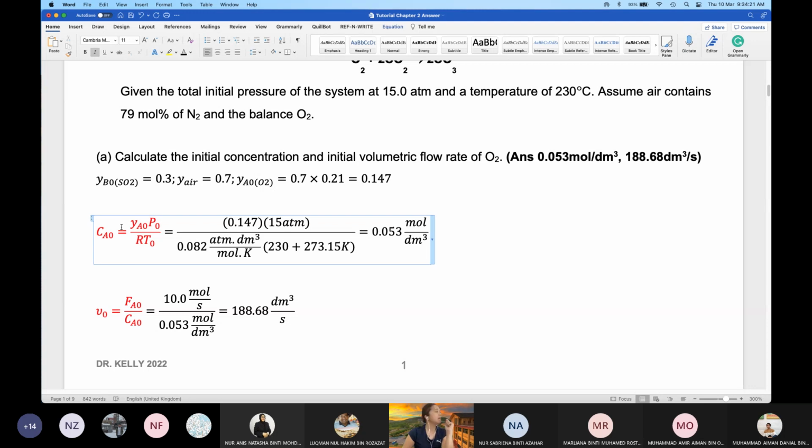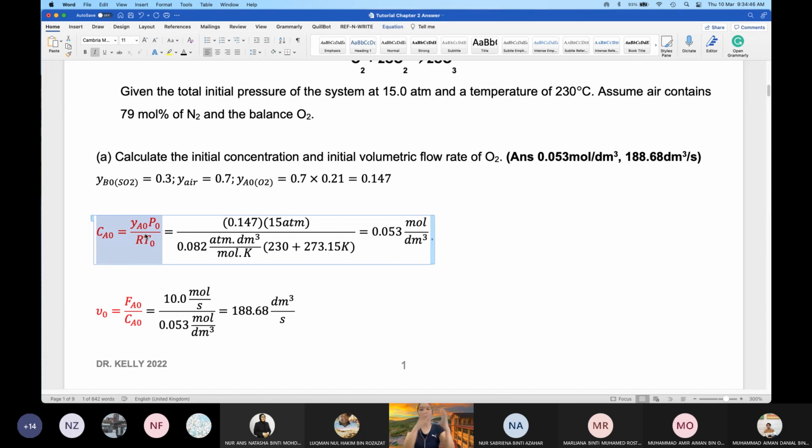So it becomes CA0 equals YA0 P0 per RT0. So yang pengatas ni kamu just ingat je. Kalau dia beri kita terus tekanan A, initial pressure of A, dia jadi PA0. Kalau dia beri kita total pressure initial, P0 tu kita kena darab dengan YA0. YA0 P0 sebenarnya sama dengan PA0.